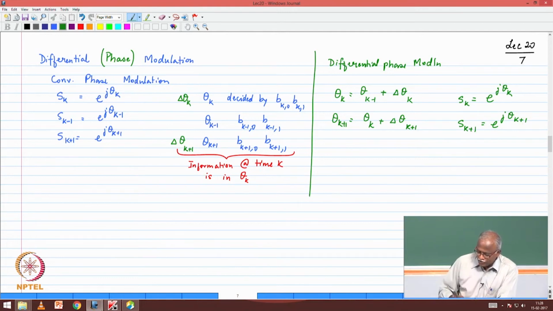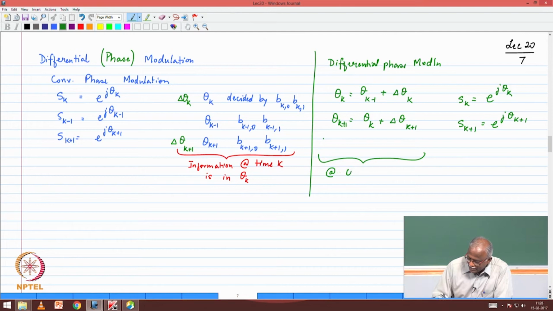Previously the information was contained only in theta_k, but now the information at time k is in delta theta_k.